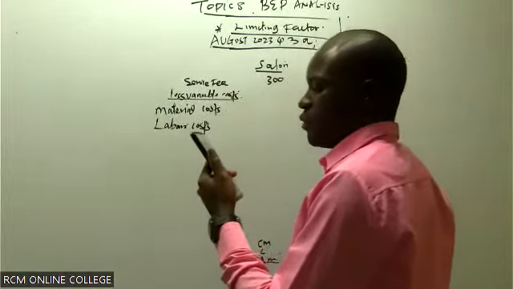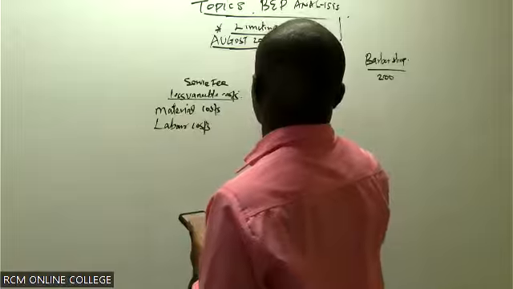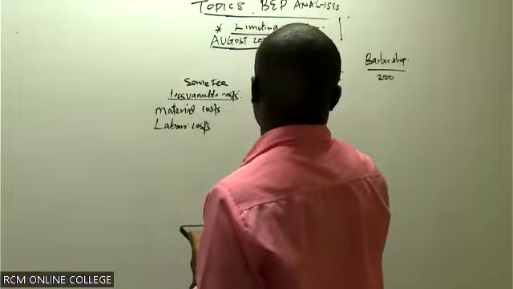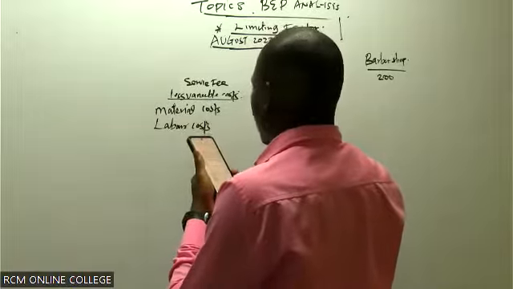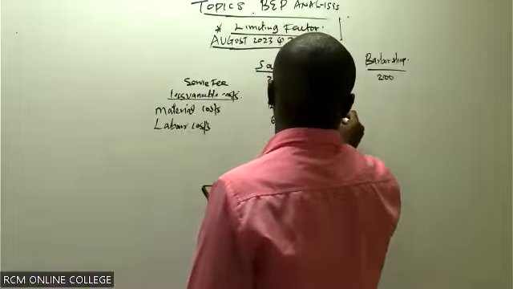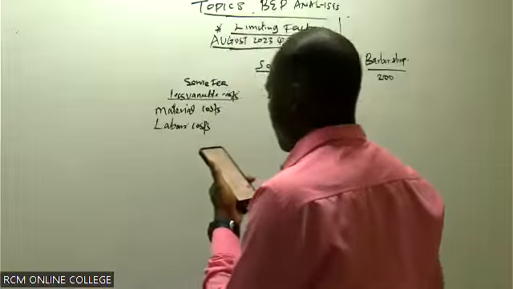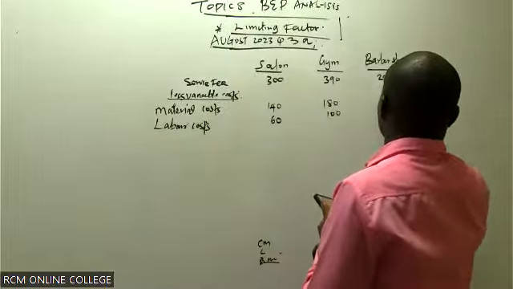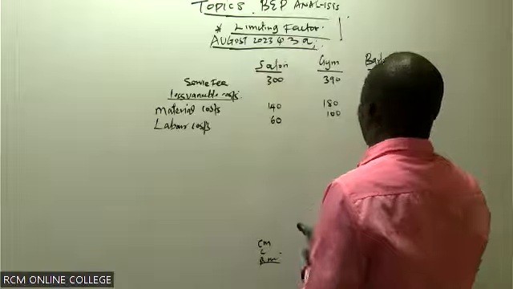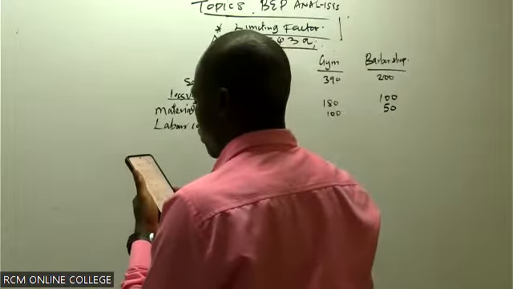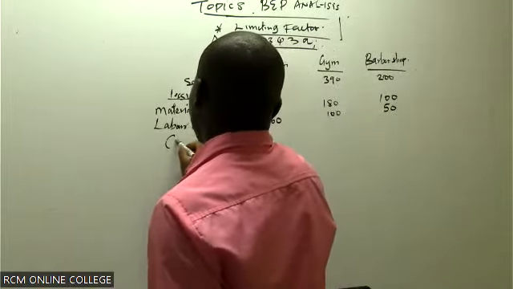Now, our variable material cost is 140, 60. We have 180, 100. We have 150. If that is done, we are going to get what we call contribution.